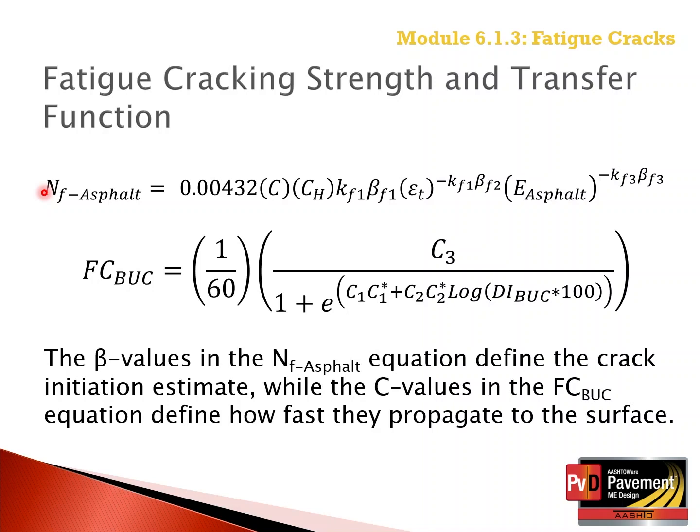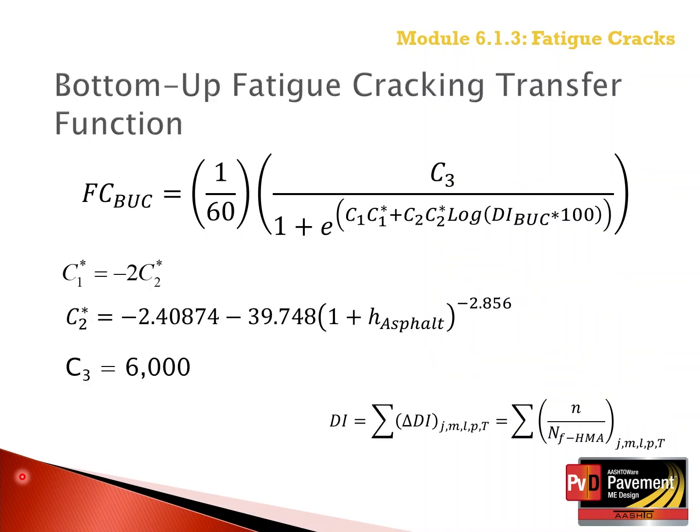The different C coefficients of the transfer function will be explained and defined on the following slide. So the C1 prime, C2 prime are defined by the total asphalt layer thickness and are related to the stress versus strain controlled conditions of a flexible pavement.